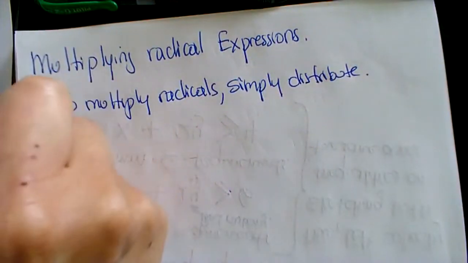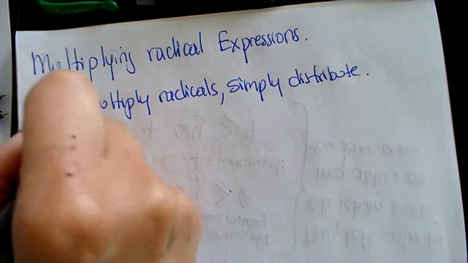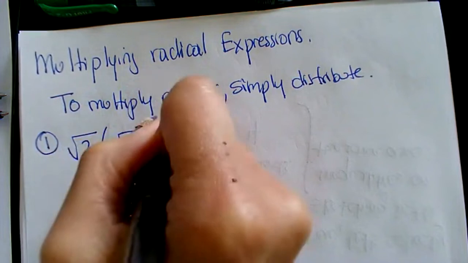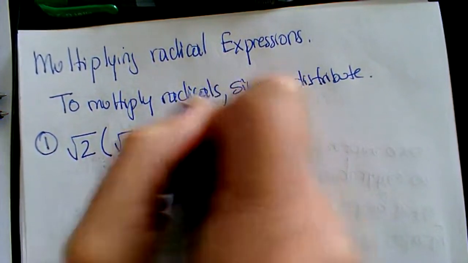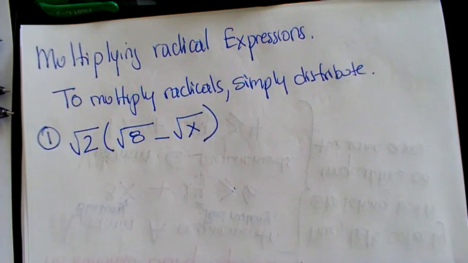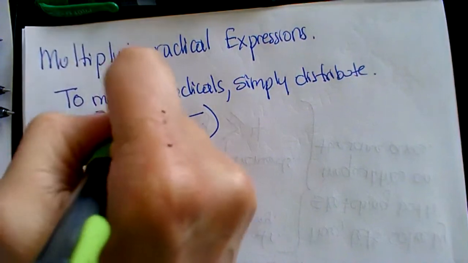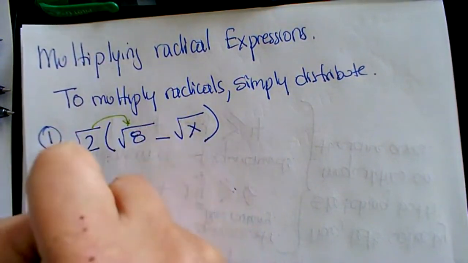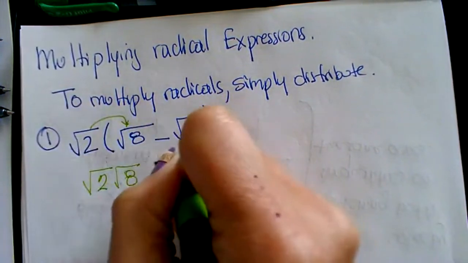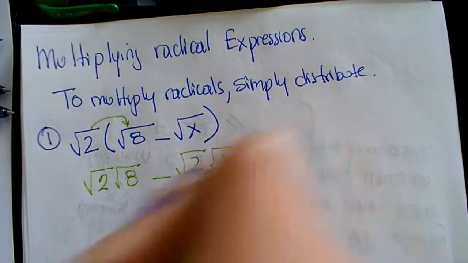Now, here's the first example that we have. We have a square root of 2 times 8 minus square root of x. So how do we do this? All right, we have to distribute, right? That's what we just said. So let me do it. So this is going to be square root of 2 times the square root of 8 minus square root of 2 times square root of x.